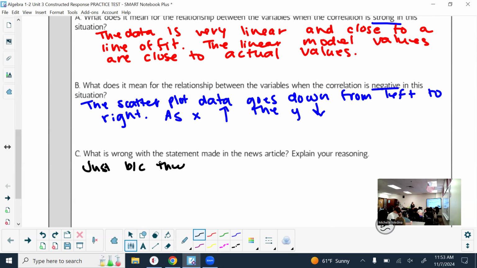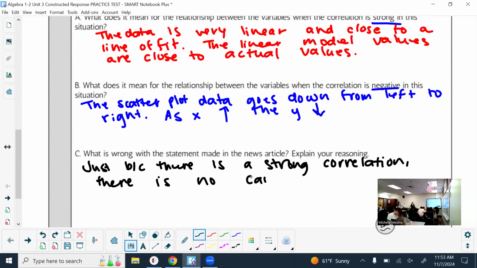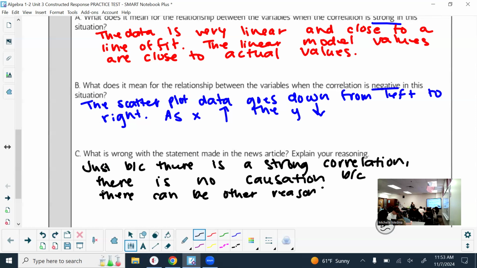So just because there is a strong correlation, there is no causation because there can be other reasons for the deer population to decrease.